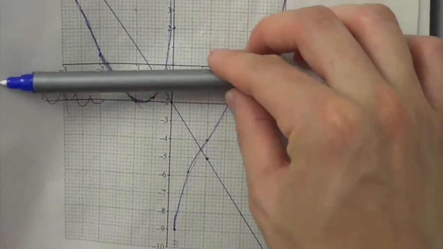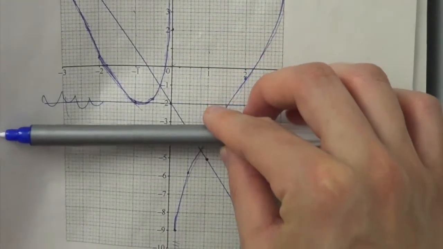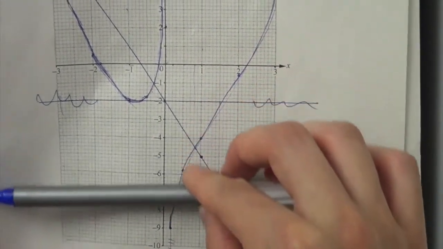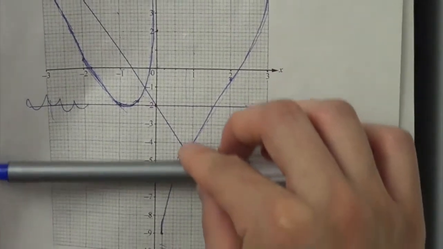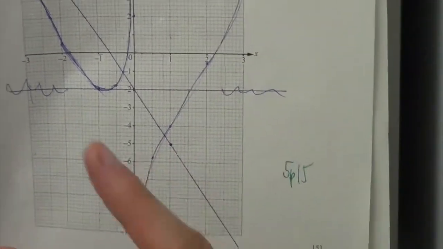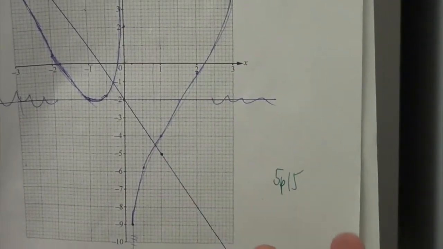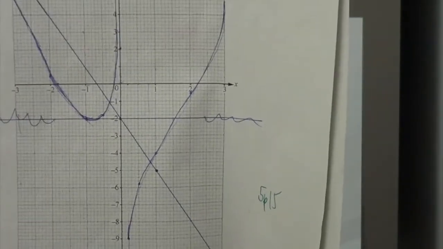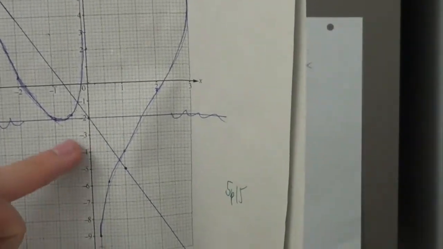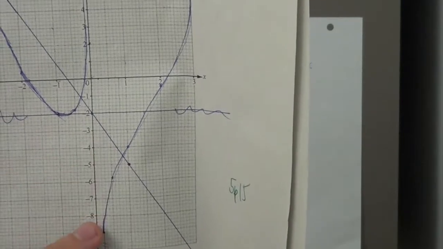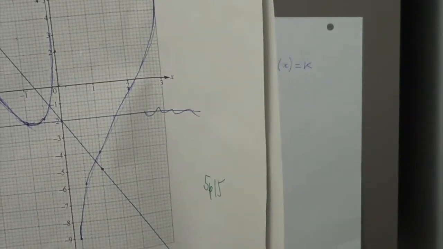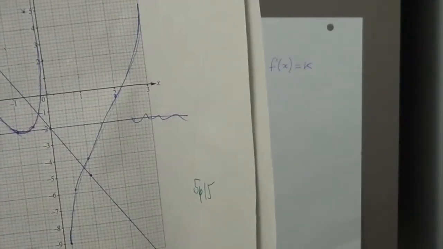If, however, we drop this line so that it passes down here, minus 3 or minus 4, up to minus 9, any of those values would give us one solution, okay? And that's what k is. We would just want one solution. So your answer is essentially any value between minus 3 to minus 9. Okay? And you just draw your line across there.